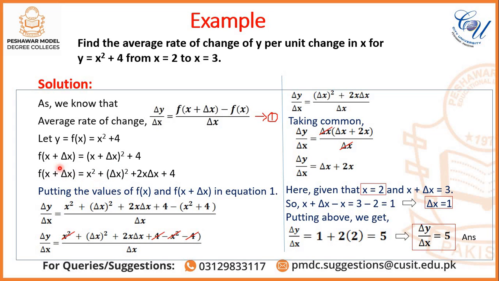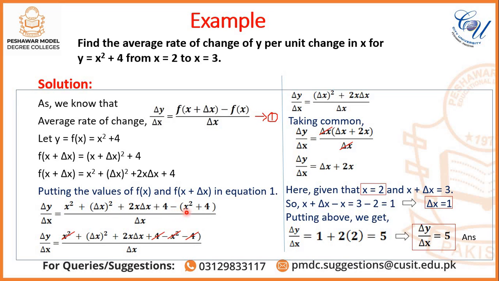Now putting the values of f(x) and f(x + Δx) in equation number 1, we get Δy divided by Δx = (x² + Δx² + 2xΔx + 4 − (x² + 4)) divided by Δx.